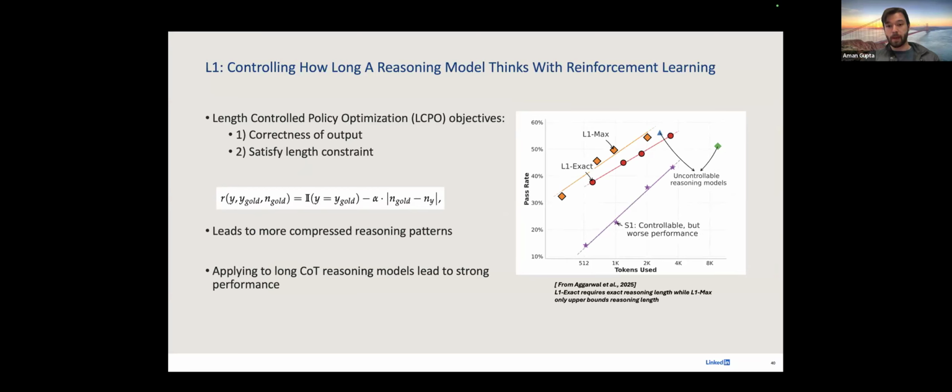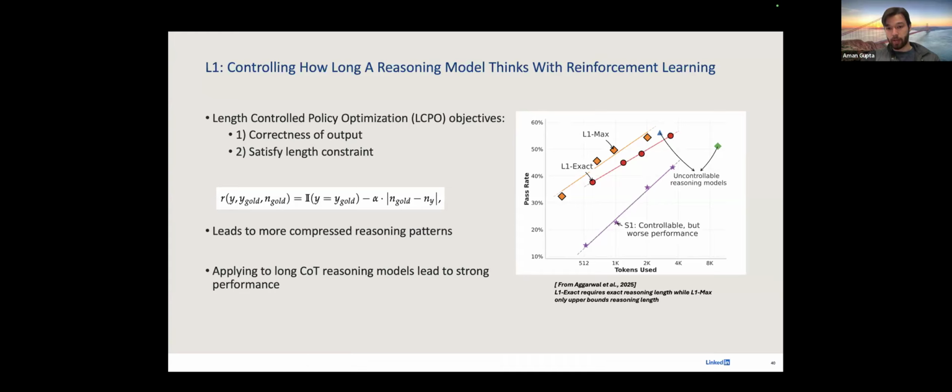In order to feed back to the model, it is given a reward signal for correctness of the output in response to some prompts, as well as whether it satisfies some length constraint. They explore two different ones: L1 Max, which just penalizes the model for going above the specified reasoning length, and L1 Exact, which penalizes the model for going either above or below the reasoning length.